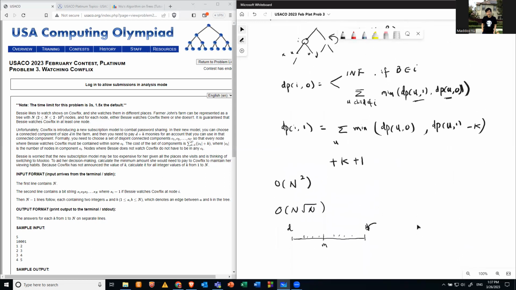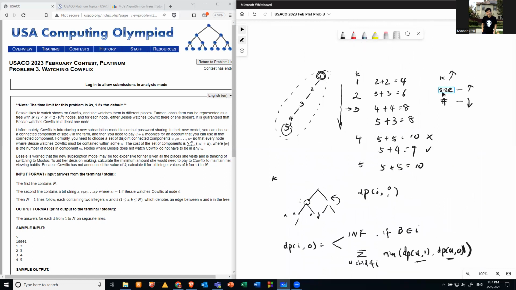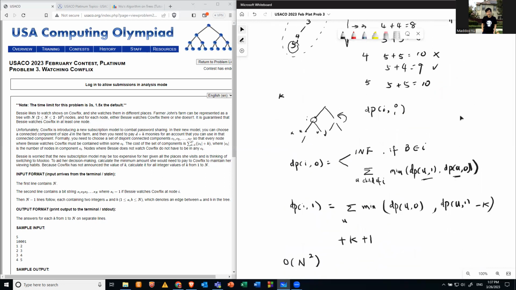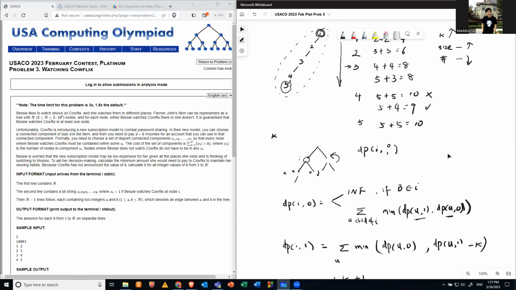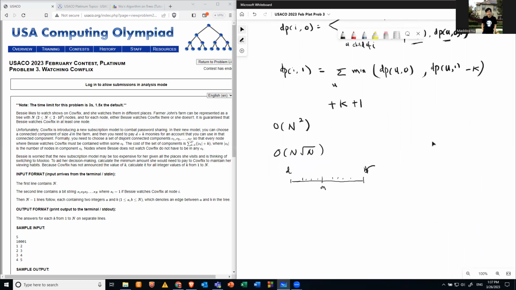So for here, we need to track, if we track the size, okay, let's say we have dp, which is this value we're calculating for each, right?